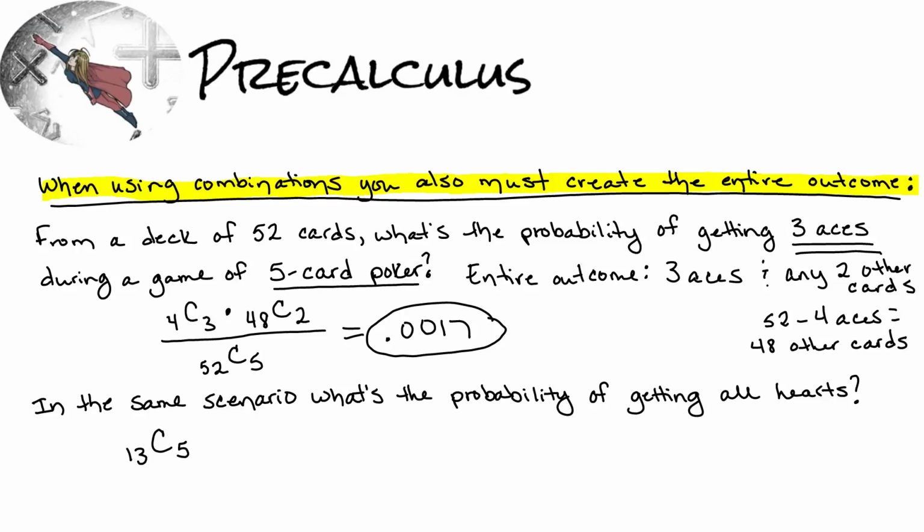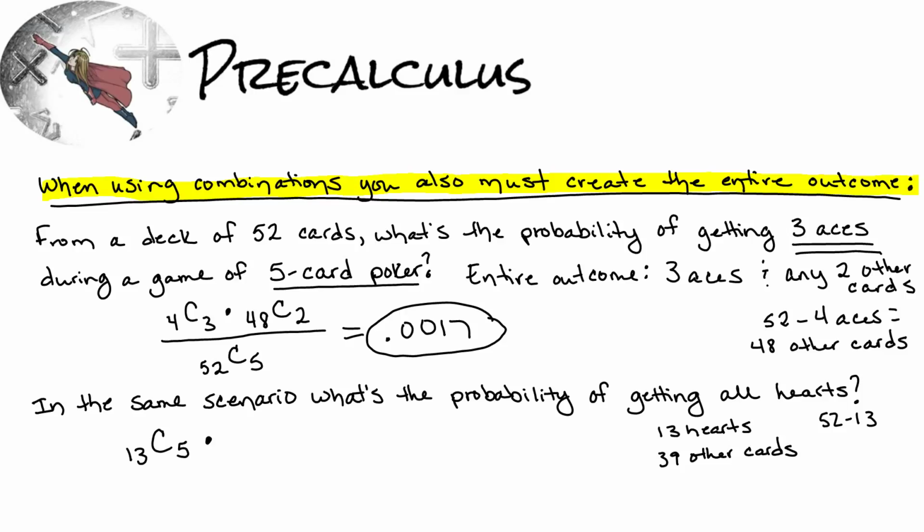And then we don't have to multiply by anything else, but just to show you how you would create the entire outcome, there's 13 hearts. And so out of 52 cards, if you subtract 52 minus 13, that means that there's 39 other cards.